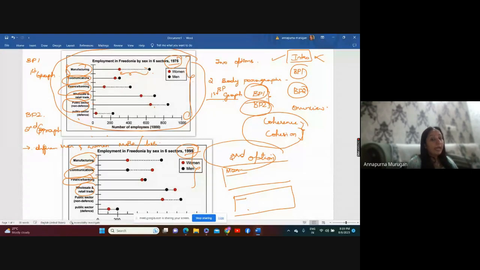Not only more and less, over the 2 decades, where the difference has increased between men and women employees, where it has decreased, where it has equaled. That is one idea you people can present.